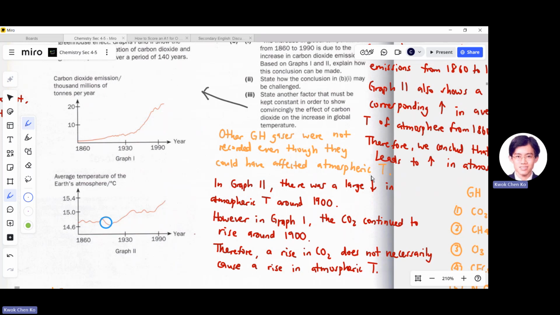So the other factor is solar radiation, or to be more exact, the intensity of solar radiation is not accounted for. And it fluctuates with time. Maybe 100 years back, the solar radiation was a lot weaker compared to now.